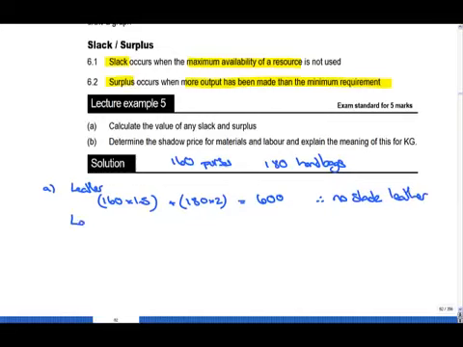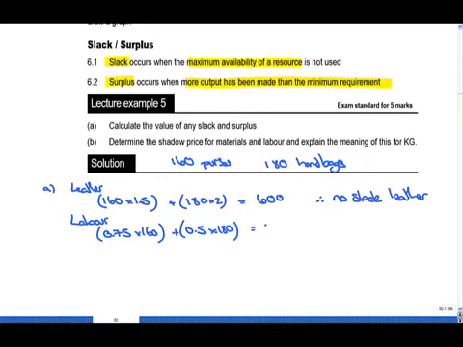Same thing for labour. For labour we needed 3/4 of an hour for our purse. We needed half an hour for our handbags.